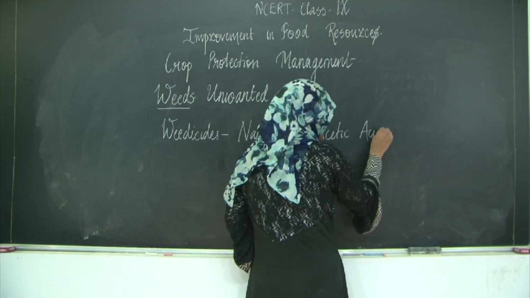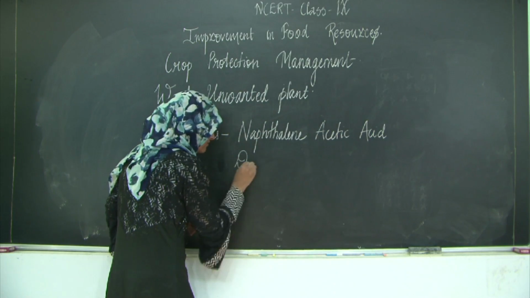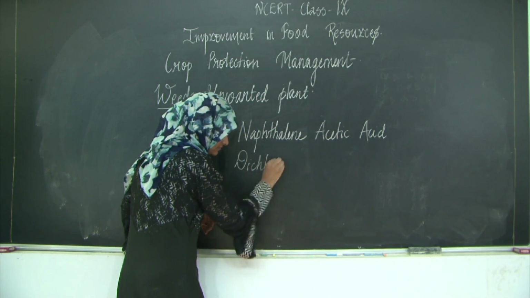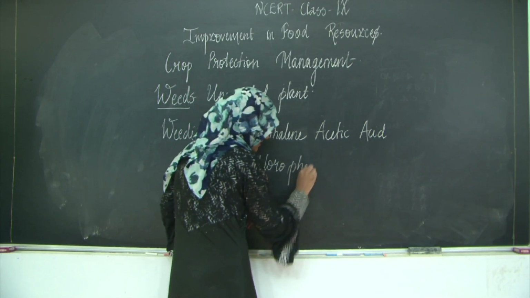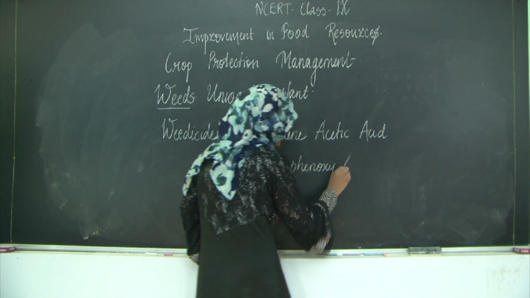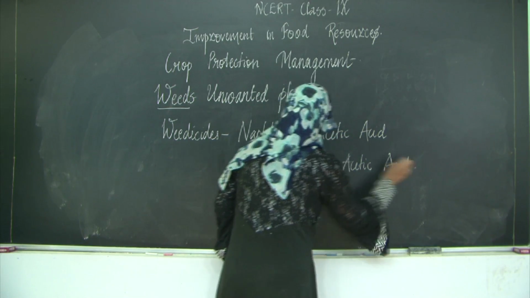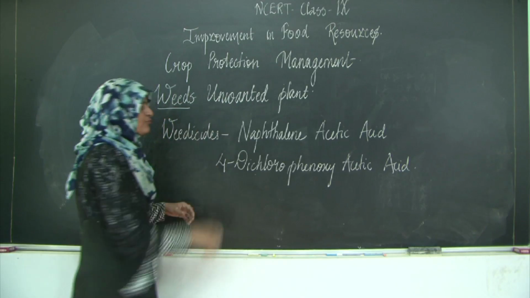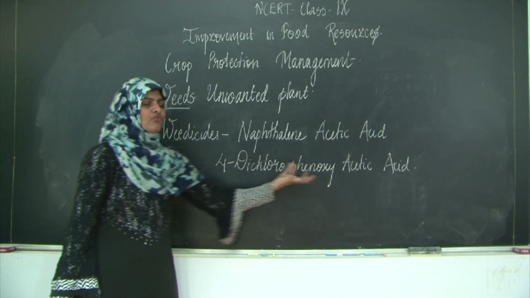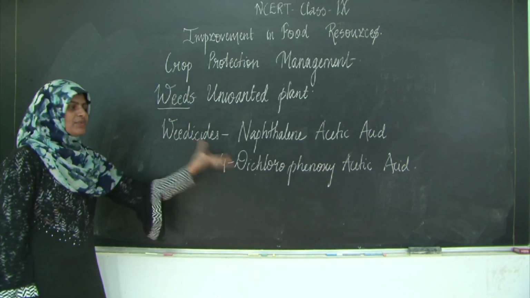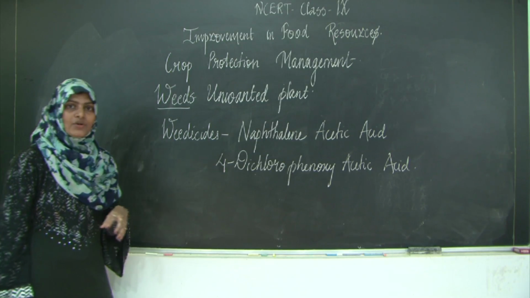This is one of the weedicides, or you can even have 2,4-dichlorophenoxy acetic acid. This is another type of weedicide. The chlorine groups are attached to the second and fourth carbon atoms. So 2,4-dichlorophenoxy acetic acid or naphthalene acetic acid, both are examples of weedicides.